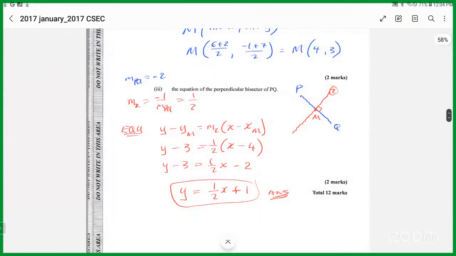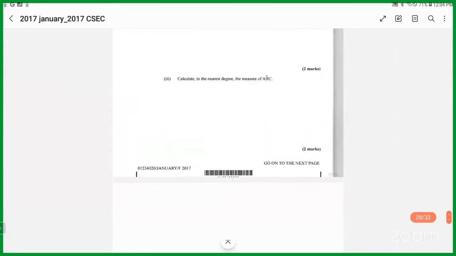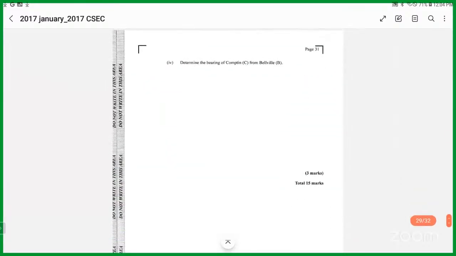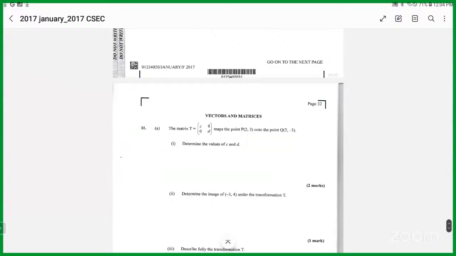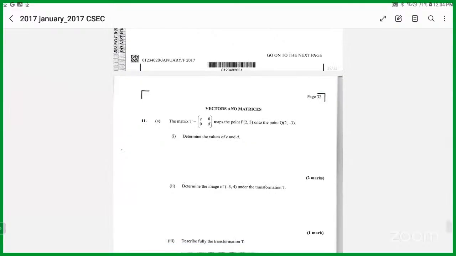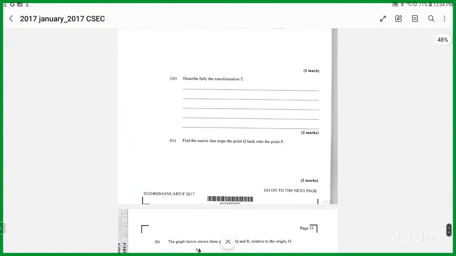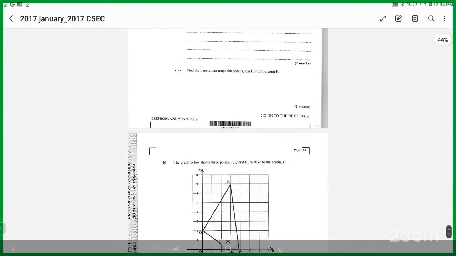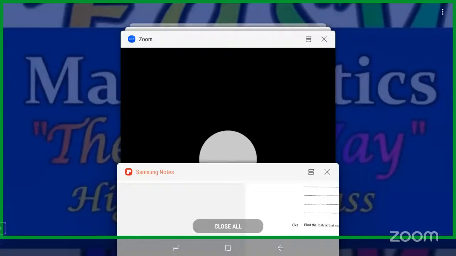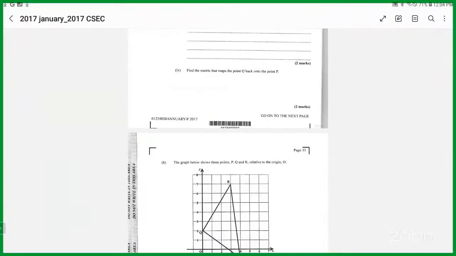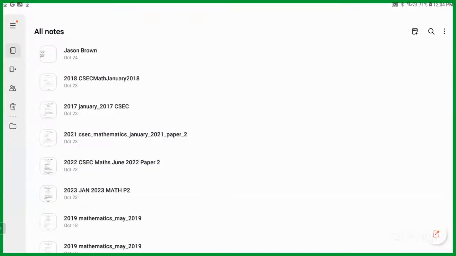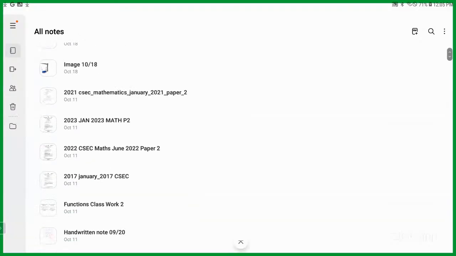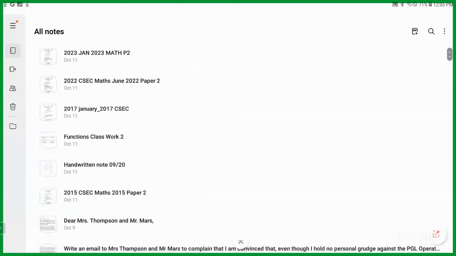Alright, January 2017. Matrices. Let's see if that has matrices. It's more transformation than matrices. I'm not doing this one. So we can continue looking for one more. Let's find one more to do.